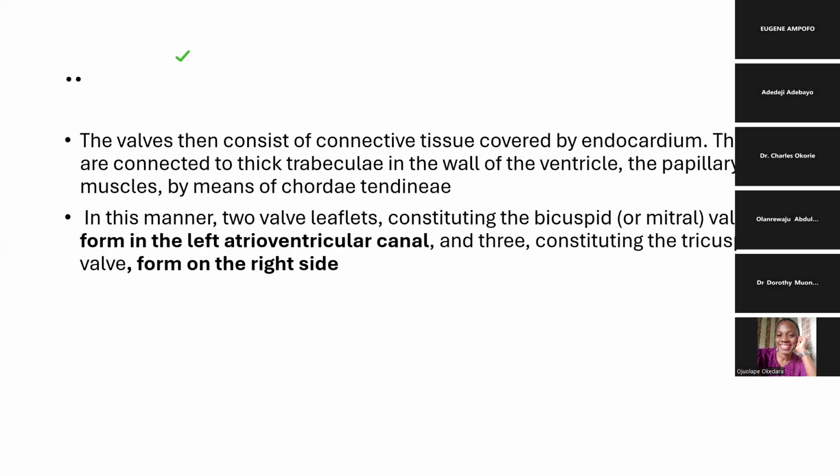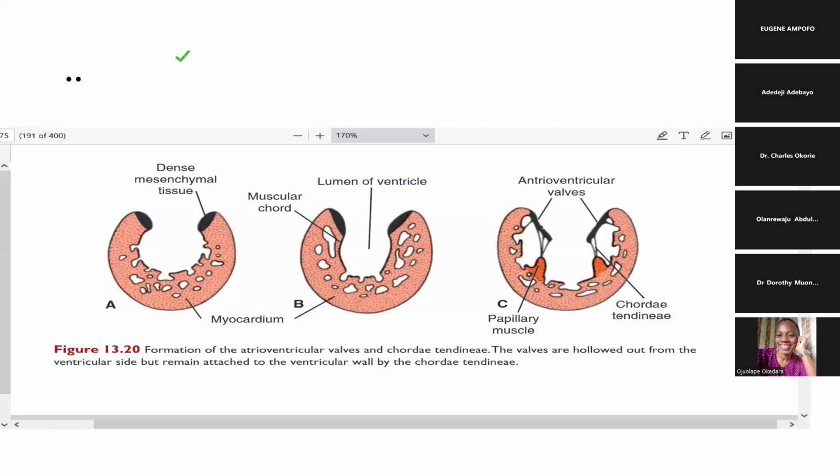The valves then consist of connective tissue covered by endocardium. They are connected to thick trabeculae in the wall of the ventricle, the papillary muscles, by means of chordae tendineae. In this manner, two valve leaflets form the bicuspid valve in the left atrioventricular canal, and three form the tricuspid valve on the right side of the atrioventricular canal.